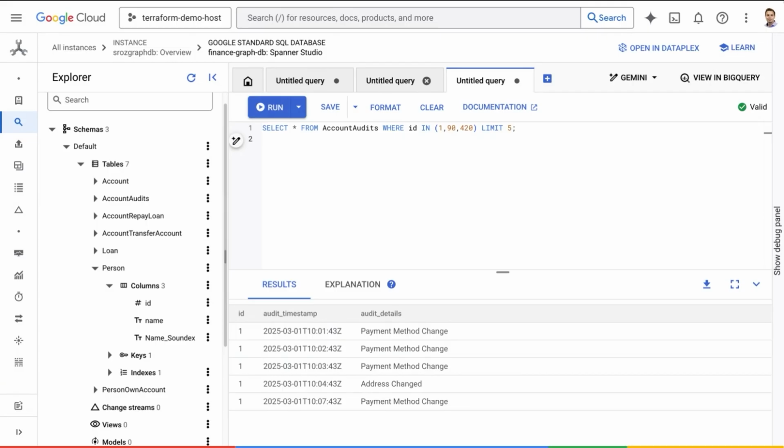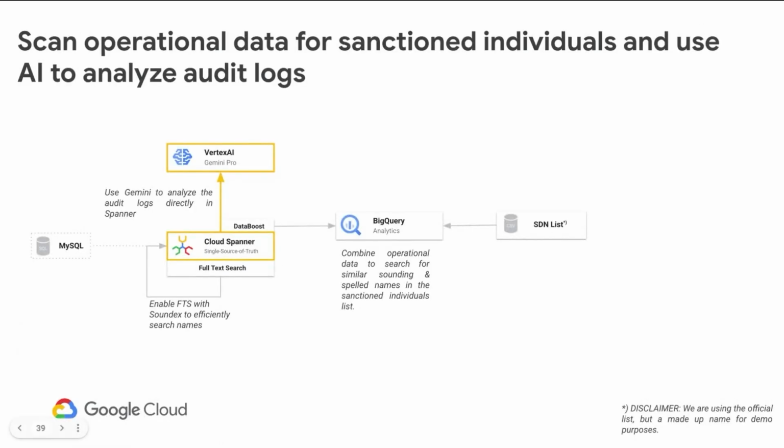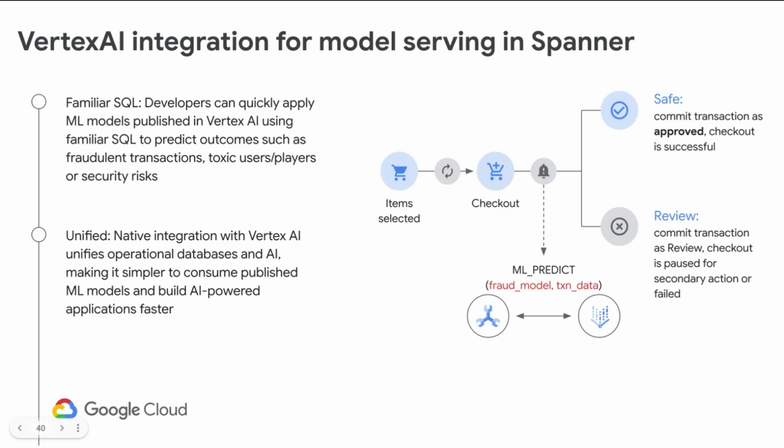But what I don't want to do is sift through the audit trail manually and create my own interpretation. Instead, I want to use Gemini to analyze the audit logs directly in Spanner on my data set. And for that purpose, Spanner has a Vertex AI integration with a native interface to access and apply models in your operational database.